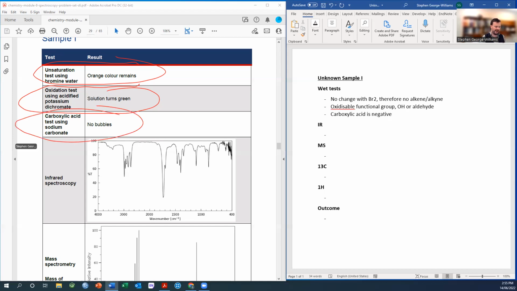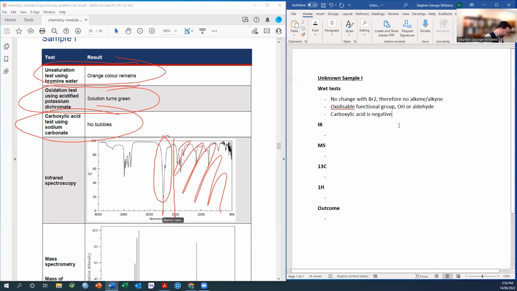Moving into our IR spectrum, as per usual, I'm going to ignore the fingerprint region and just focus on the rest of it. What I can see is a strong, sharp signal at approximately 1720.